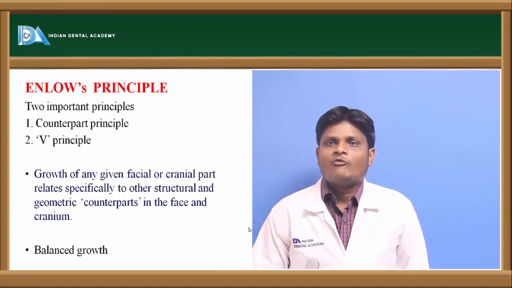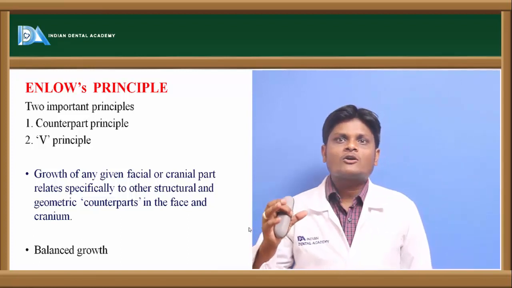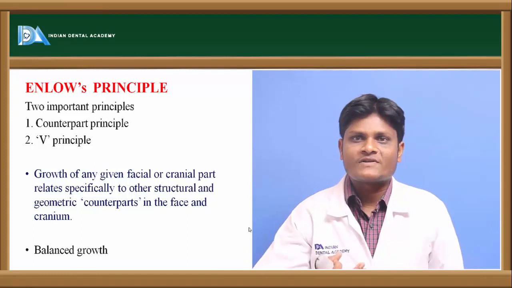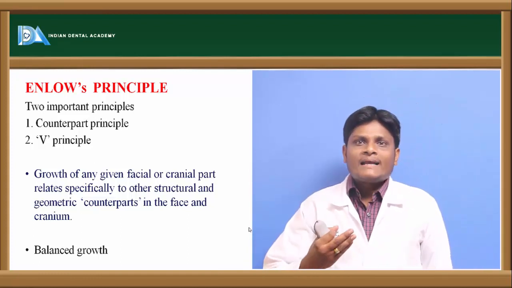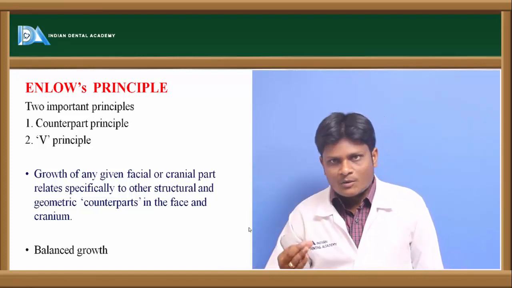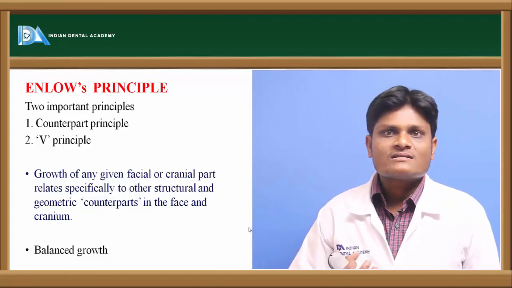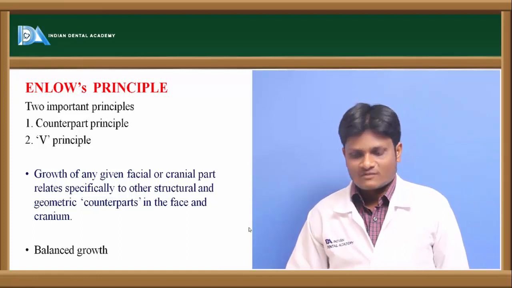That is, when we consider the craniofacial skeleton, each component of the bone has its own counterpart within the craniofacial skeleton, and the balanced growth of this part and counterpart will lead to a balanced development of the craniofacial skeleton. That is what Enlow's counterpart principle says.